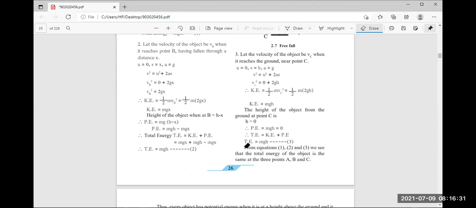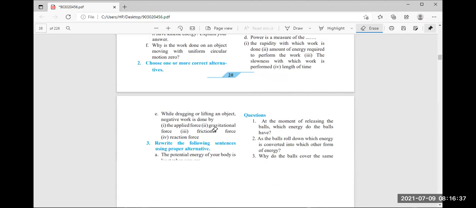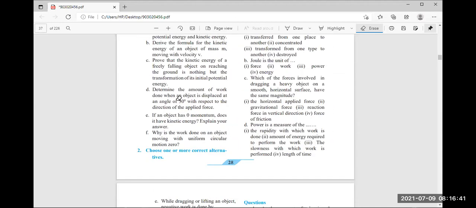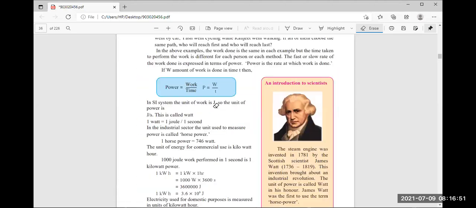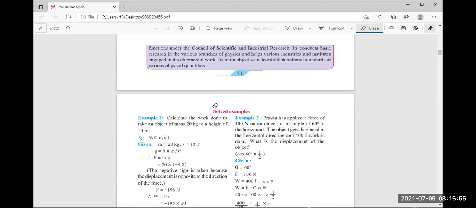Now D. What is D given there? Determine the amount of work done when an object is displaced at an angle of 30 degrees with respect to the direction of applied force. Already we have seen here F s cos theta, at the starting of that lesson.